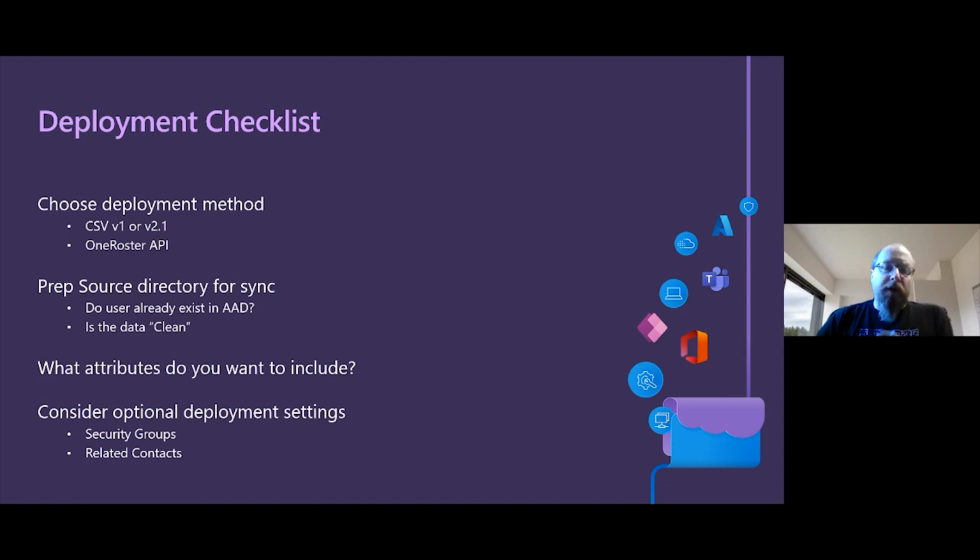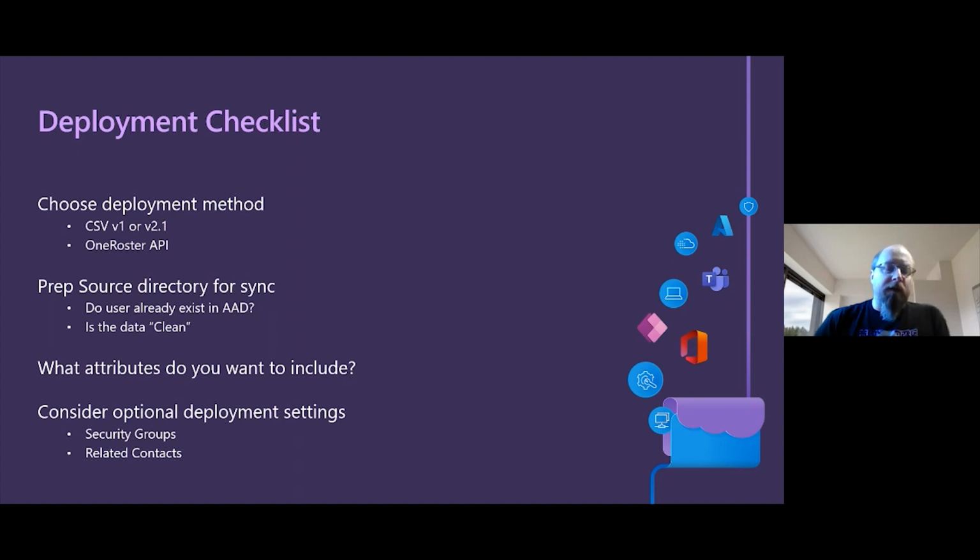The next up is going to be the attributes that you want to include, because there is a very large portion of the CSV files that are dedicated to extension attributes. These are attributes that can help with different filterings within Education Insights, but also provide different data points on the users themselves that you can pull up through PowerShell.